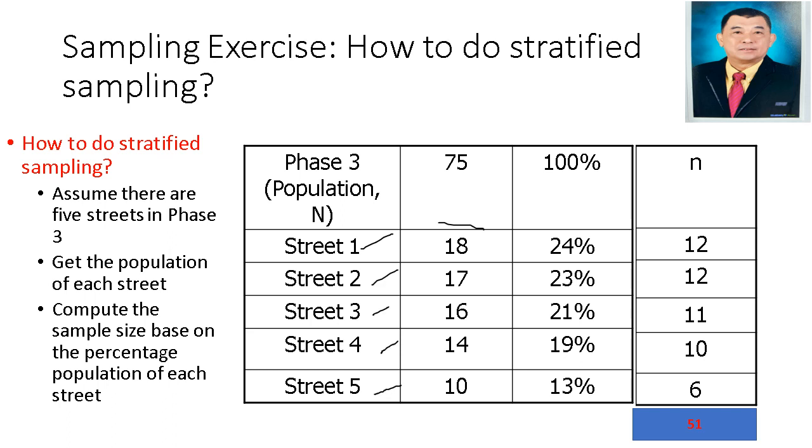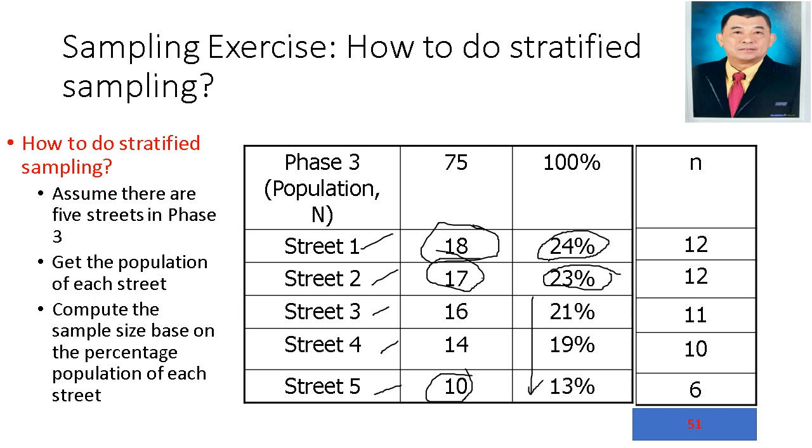These are the number of households in street 1, so forth and so on. We add all of those, which gives us 75. We divide 18 by 75, which gives us 24%. 17 divided by 75 gives us 23%, so forth and so on.